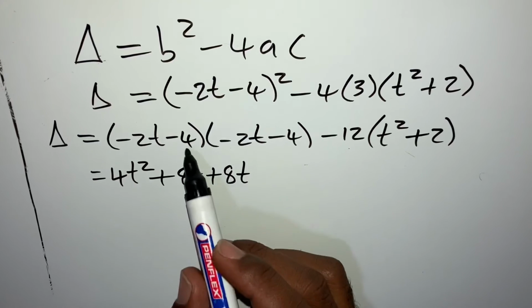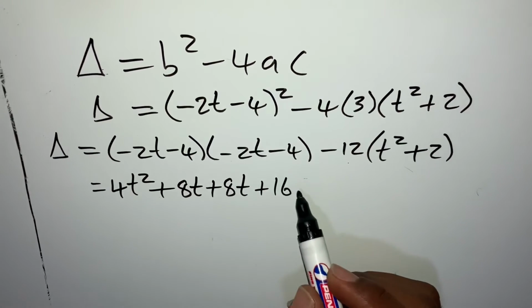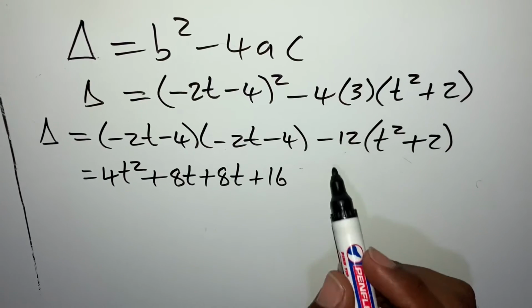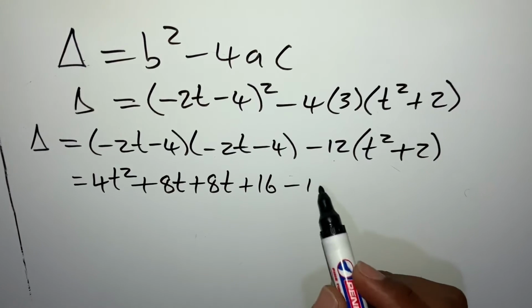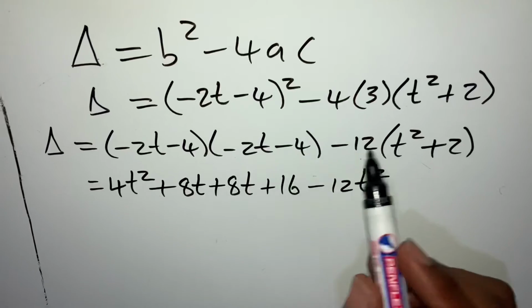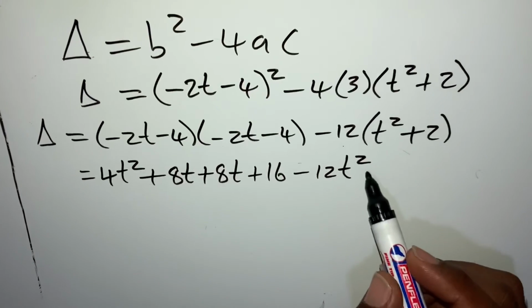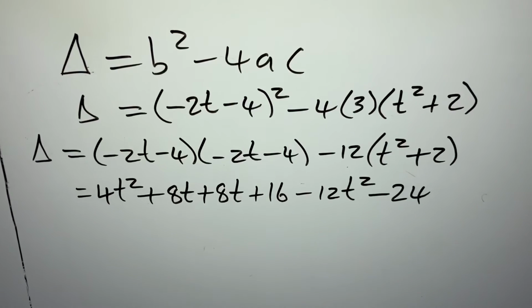Then you multiply 4 times 4, you get 16. Then you multiply negative 12 times t squared, you get negative 12t squared. Negative 12 times 2, you get negative 24.